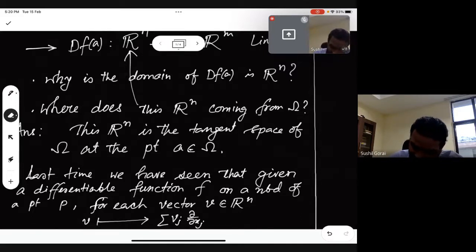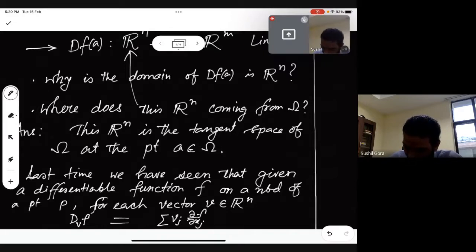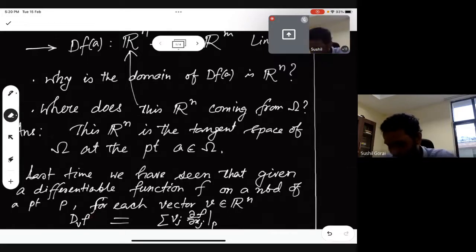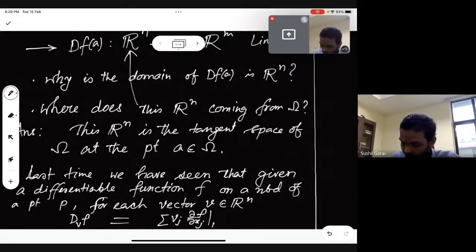So this is the point. The directional derivative Dv f, which can be looked at, is equal to this, at the point P. All right, this we have seen, isn't it?